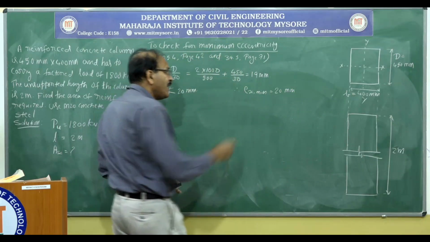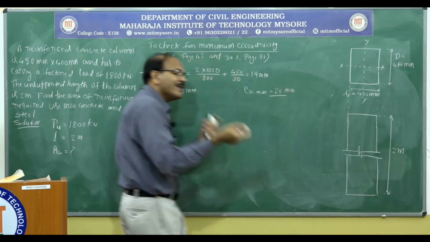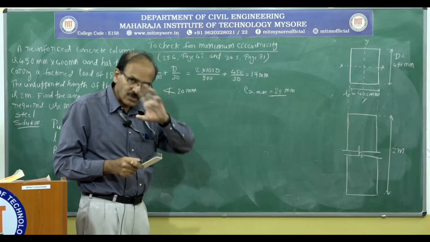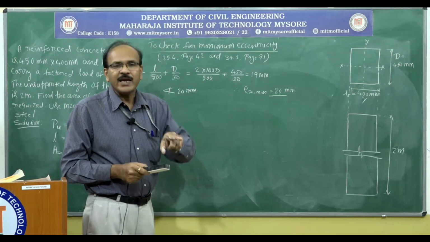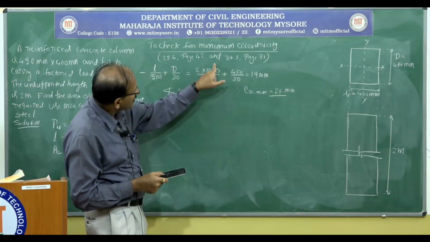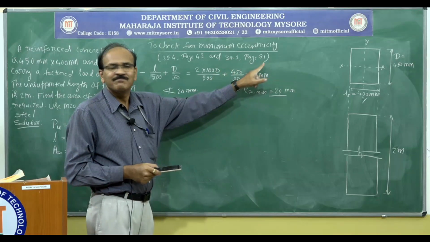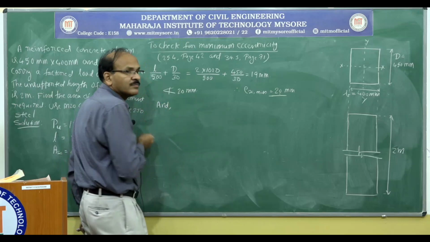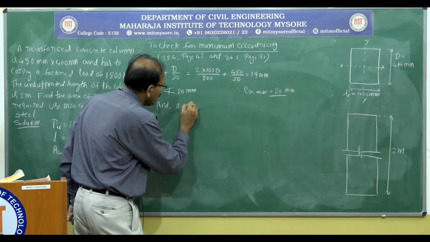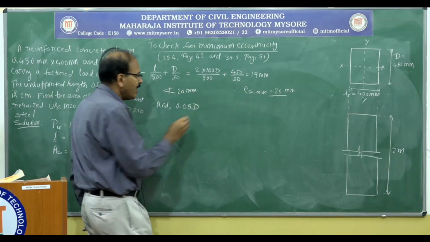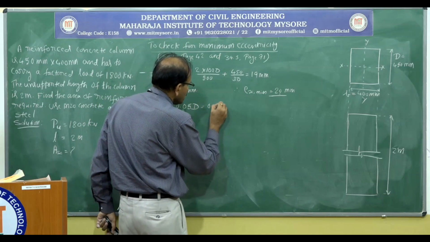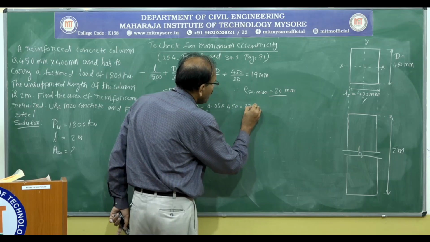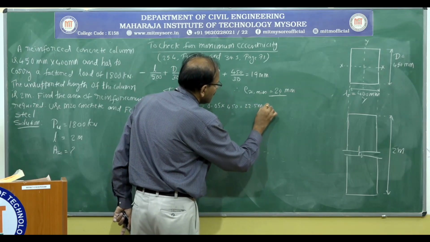And I am going to check whether this value is less than or equal to 0.05 D, capital D, as given here. 0.05 D equals 0.05 multiplied by 450, that is equal to 22.5 millimeter.